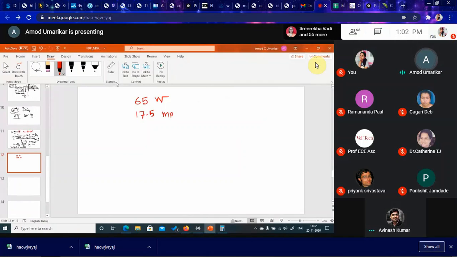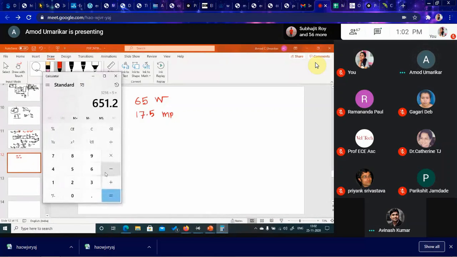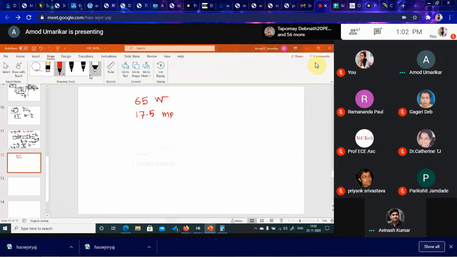Based on this, 65 by 17.5, whichever is the current, it's 3.74. IMP is 3.71.